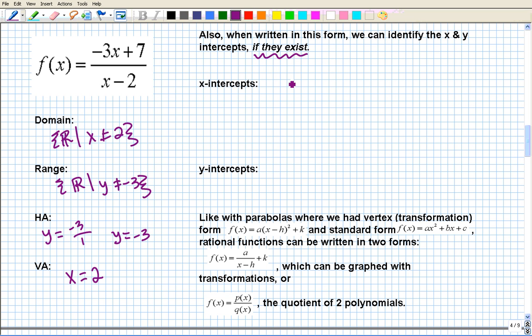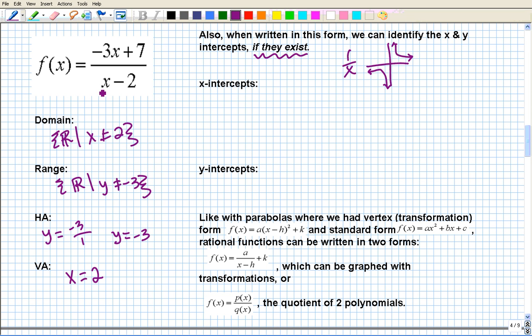Now let's identify the x and the y-intercepts if they exist. Why do I say if they exist? Well, it's possible that there are no x or y-intercepts. For example, think of that parent function that we just looked at a moment ago. It looked roughly like this, right? Well, it never crosses the x or the y-axis. So for 1 over x, it has no x or y-intercept.